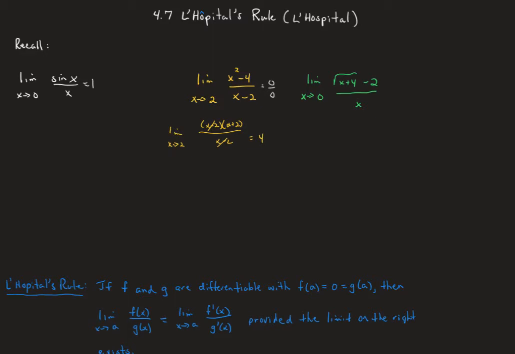The green one, the limit as x goes to 0 of the square root of x plus 4 minus 2, over x. When you direct substitute in 0 here, you also get 0 over 0, which is, again, what we call indeterminate. I'm going to write that down. The trick you do on this one is to multiply top and bottom by the conjugate.